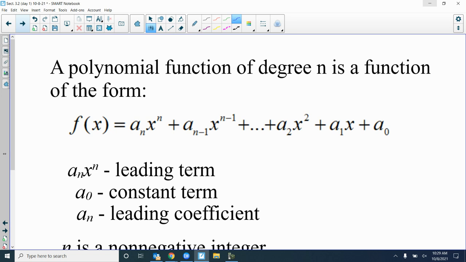Okay, what is a polynomial function? The definition looks very complicated, but that's how you have to write it in order to classify what a polynomial is. Basically, if you got f of x equals 3x to the 4th minus 2x squared plus 7x minus 8, that's a polynomial function.